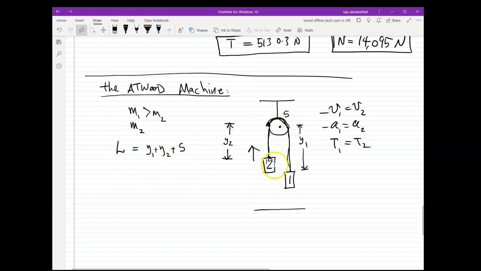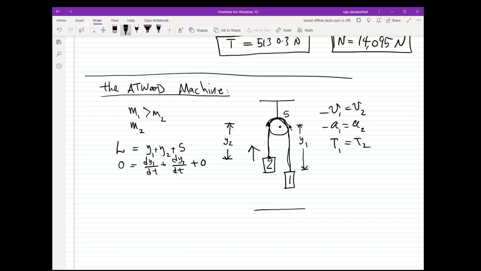No matter where M1 and M2 are, M1 could be way down on the floor and M2 way up, or vice versa, the S value of the cable is constant as well. So when I take the time derivative, this will be 0 equals dy1/dt plus dy2/dt plus 0 for S.